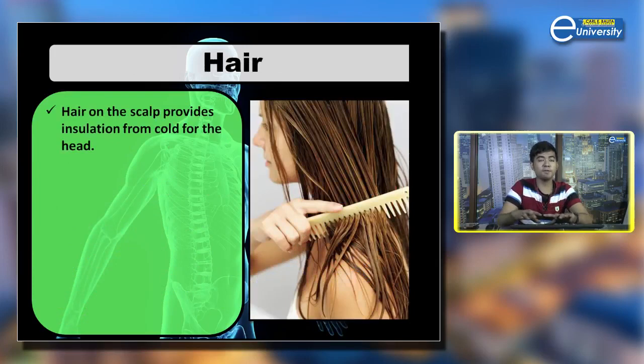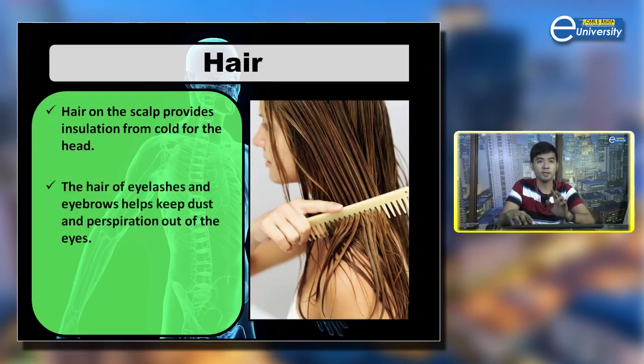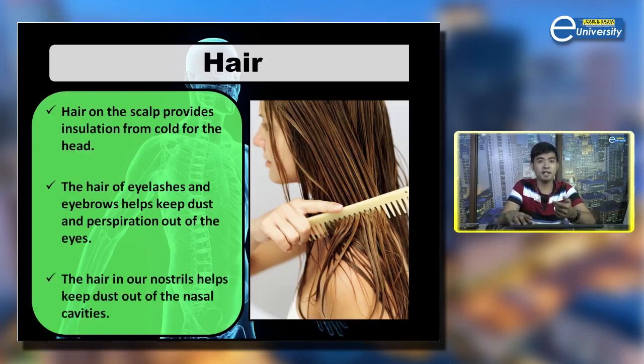Next important component of the integumentary system is our hair. Hair on our scalp provides insulation from cold for the head. The hair of eyelashes and eyebrows keeps dust and perspiration out of the eyes, and the hair in our nostrils helps keep dust out of our nasal cavities. The hair on our head provides insulation since hair is made up of dead cells.